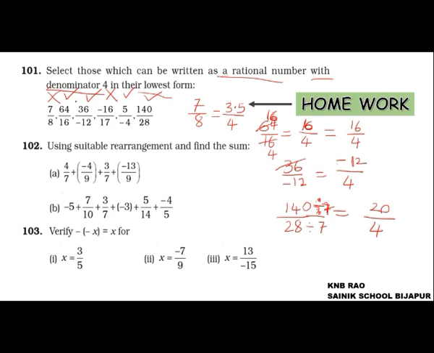So here, which are all the numbers selected? 64 by 16, 36 by minus 12, 5 by minus 4, and 140 by 28. These 4 can be selected. This is the right answer.